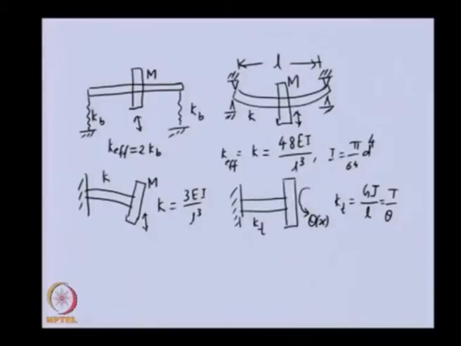You can see that these are all single mass models, and all these models we can represent by a mass and an effective stiffness of the support or of the shaft. Mass is having value m, and we have some displacement in the vertical direction, which will be time dependent.